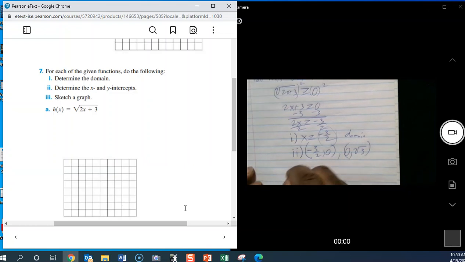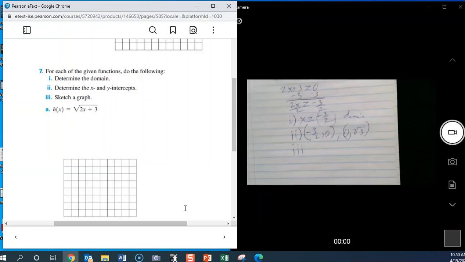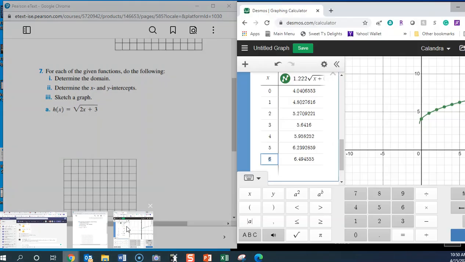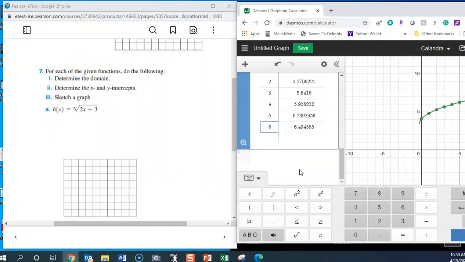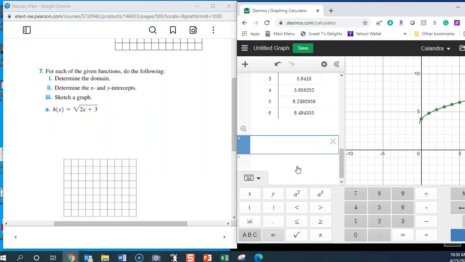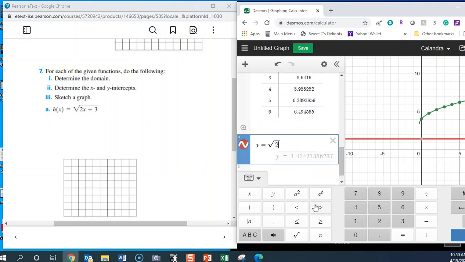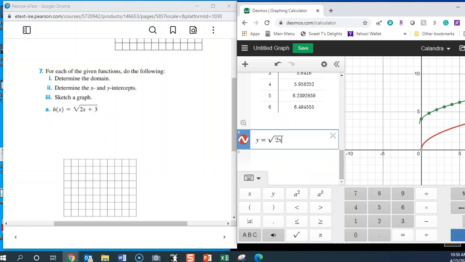So now for number 3, we're actually going to put that into our calculator. So let me pull up the calculator. And we would just put in y is equal to the square root of 2x plus 3.